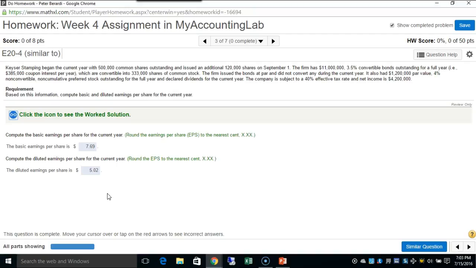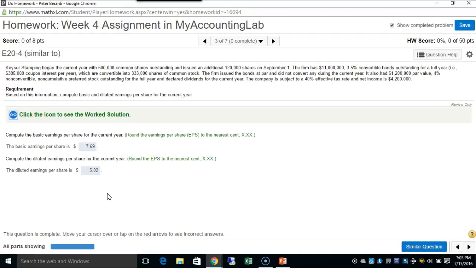So right there, you know that the current year 500,000 common shares outstanding are going to get a weight of 12 months out of 12 months. So the total 500,000 common shares will be included as your denominator in both basic earnings and diluted earnings.